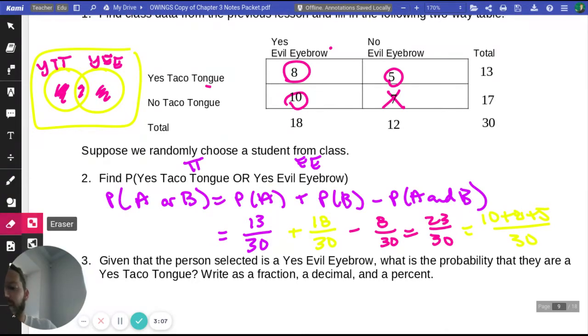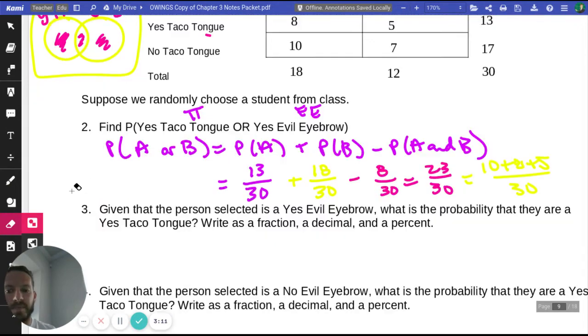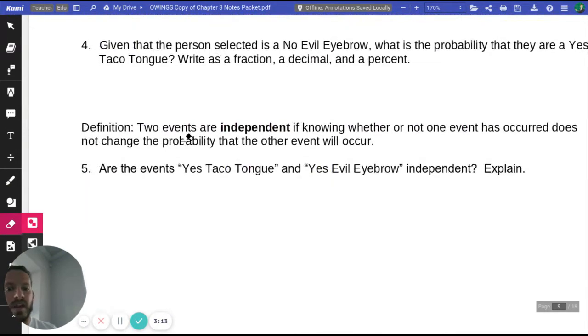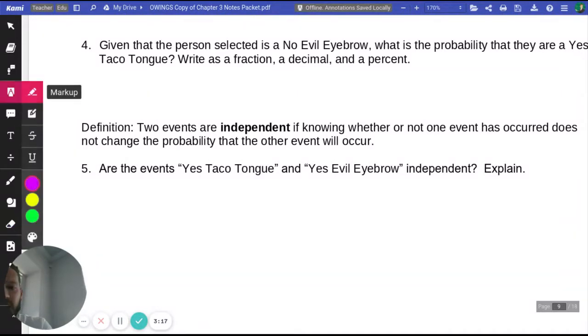Let's use this data and figure out if these 2 events are independent. So we want to figure out, are they independent? We're going to determine if they're independent by figuring out whether or not knowing one event occurred changes the probability that the other event occurs.